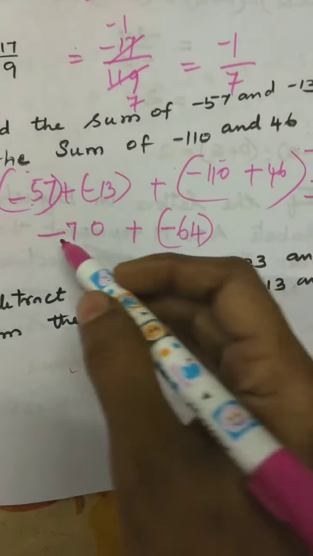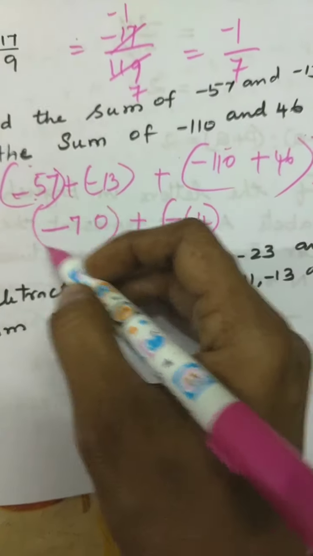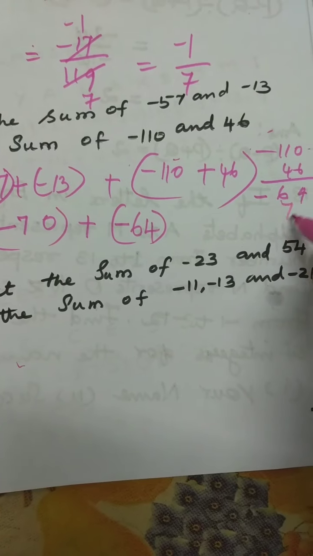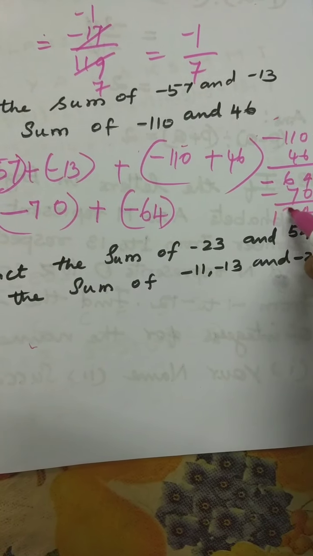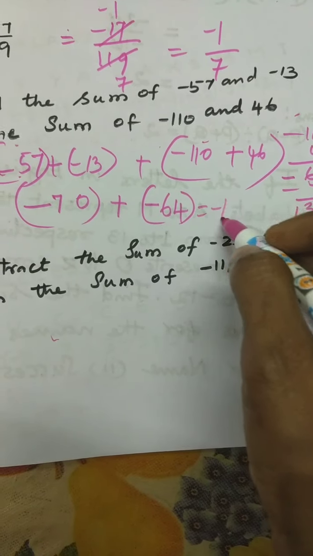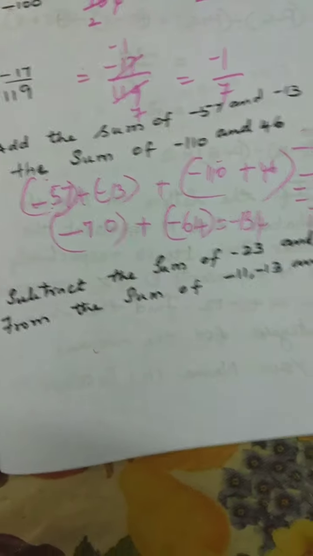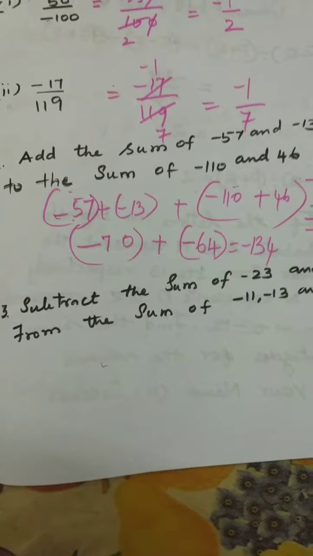Now you have to add these two. Both are minus. So the answer is minus 64 plus minus 70, and the answer is minus 134. Have you understood? The next one.